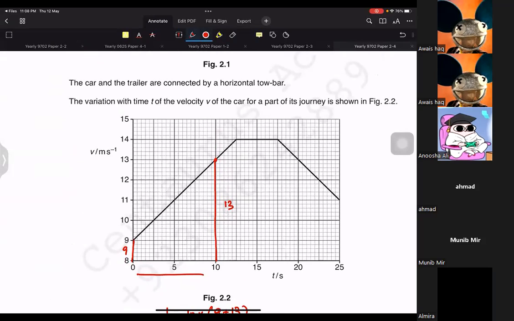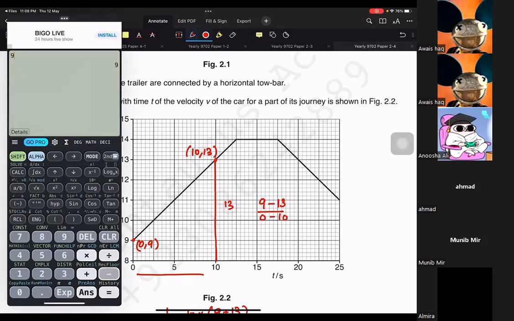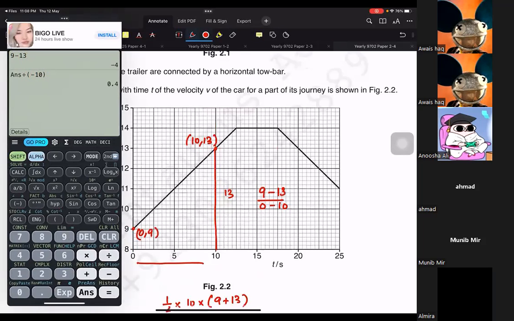So we can take this value, which will be 0 and 9, and this value will be 10 and 13. So taking the gradient, 9 minus 13 over 0 minus 10, divided by minus 10. So that is 0.4.